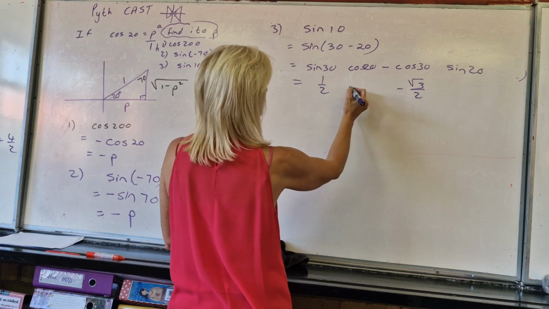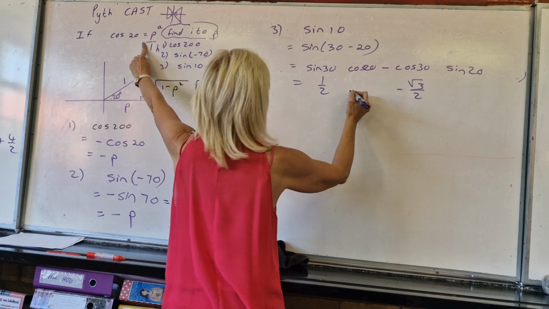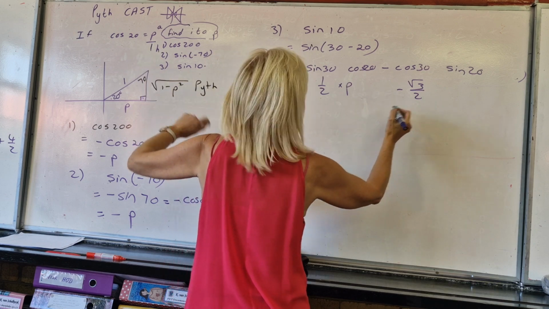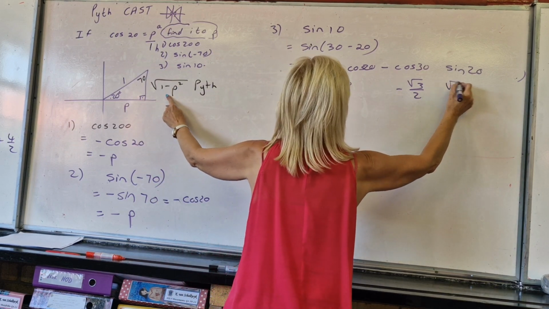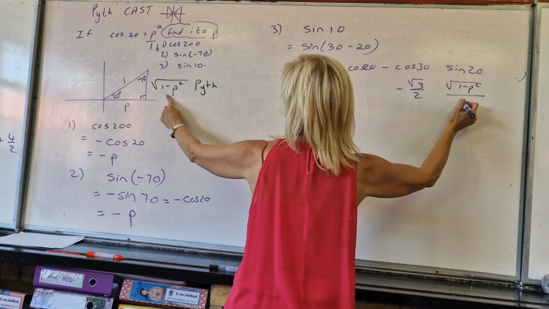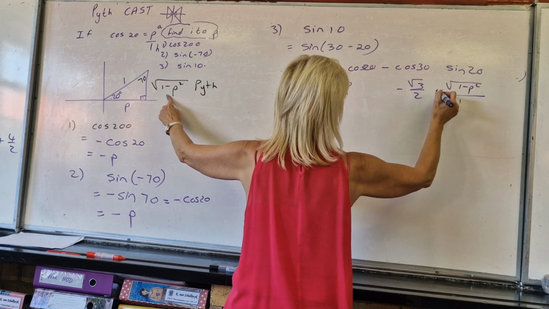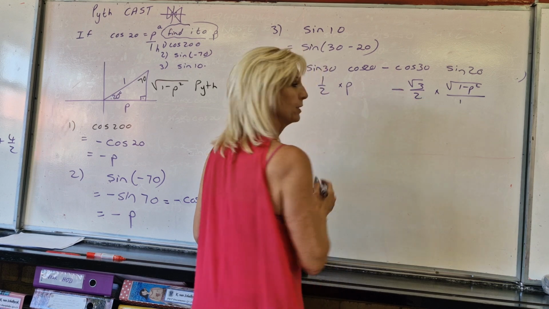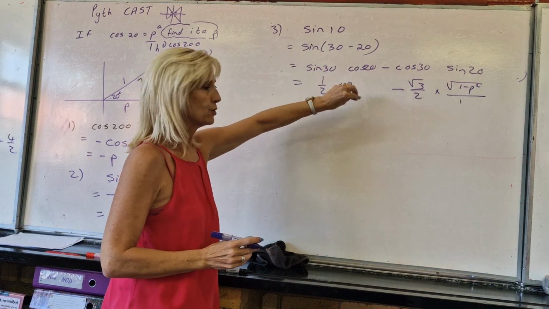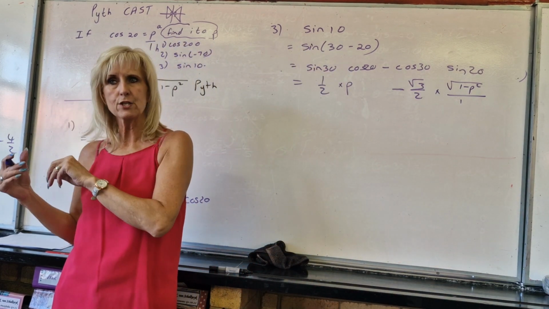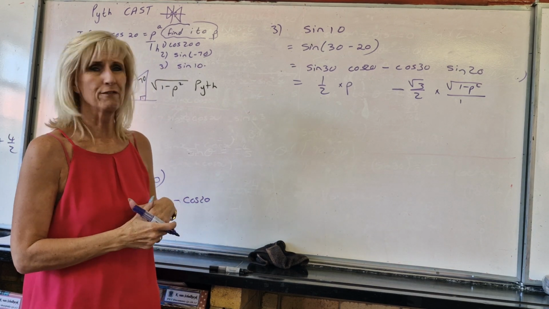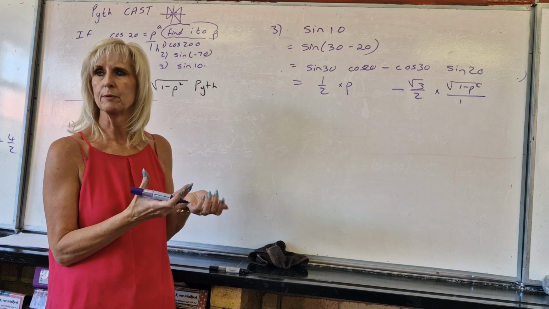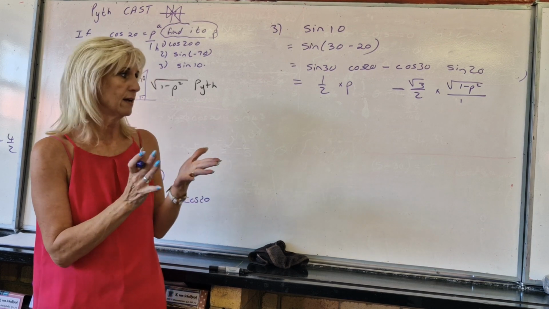And then cos 20 is p, and sin 20 would be root of 1 minus p squared. I don't have to write the 1 though. Are you with me, everybody? Substituting from the graph, but it has to come from the graph, the diagram. And then I'm actually finished.